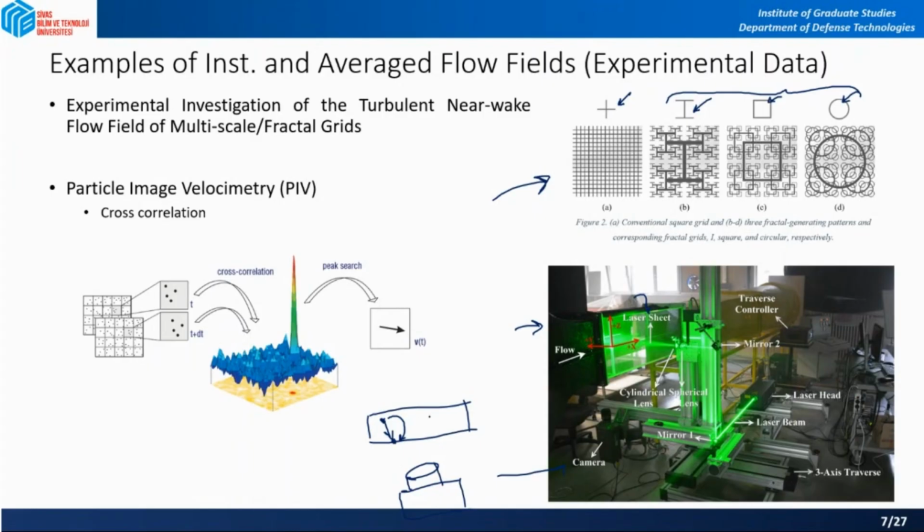Your camera right now is just sensing the movement in, let's say, this axis and this axis, but not in this axis. That's why for two-dimensional PIV, normally they will take a laser thickness of 1 to 2 millimeters. But for three-dimensional PIV, of course, you need a much thicker laser because you have to capture the movement of the particles within the laser sheet as well. That's why you need a thicker laser.